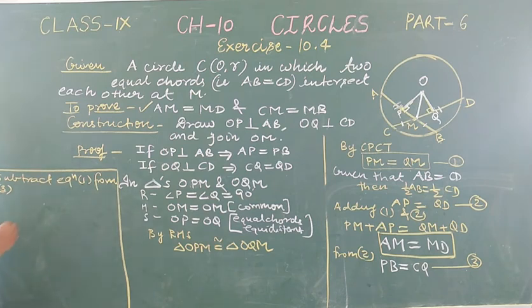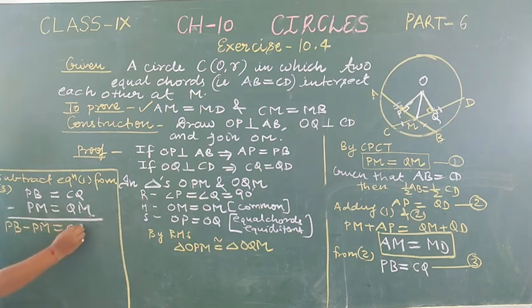Equation 3 is PB is equal to CQ, and equation 1 is PM is equal to QM. So when you subtract, you will get PB minus PM is equal to CQ minus QM.